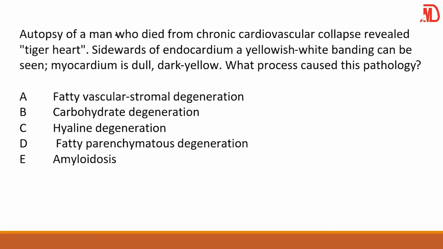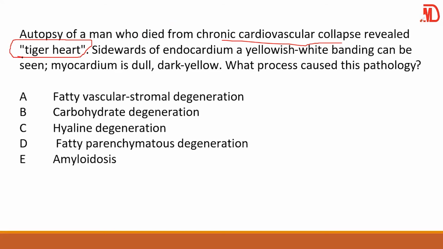All right. An autopsy of a man who died from a chronic cardiovascular collapse revealed a tiger heart. So this is your clue. When we say tiger heart, what are we referring to?